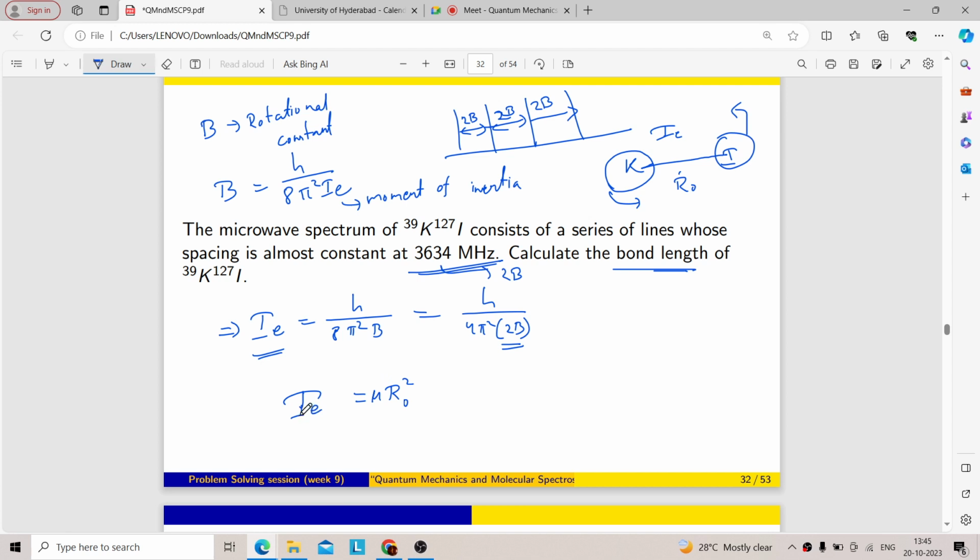So we got I_e in terms of rotational constant. Now we have I_e in terms of bond length and reduced mass. So we can equate these two equations, then we will have mu R naught square equal to h over 4 pi square 2b.